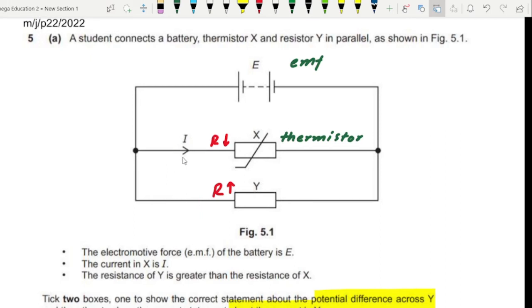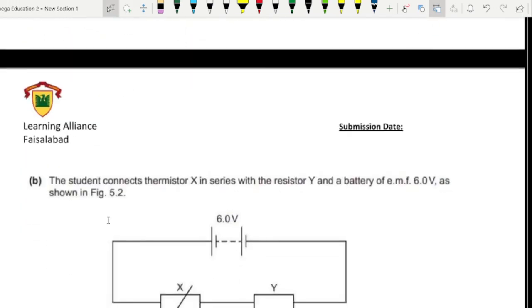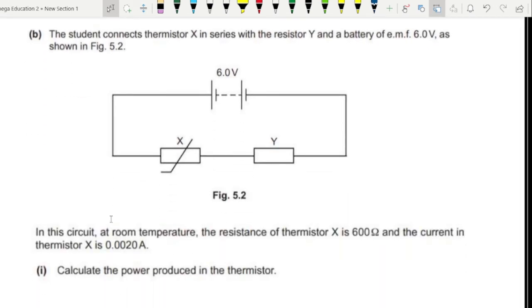Might be 0.9 times I, 0.8 times I. It would be less than I. If I is 2 amperes, then the current through Y might be 1.7, 1.6, 1 ampere, depending on the resistance. But anyway, it would be less than that one. Are we clear so far?